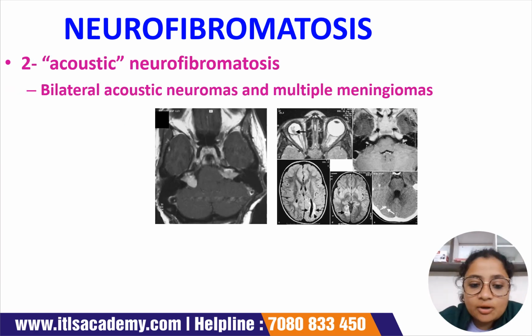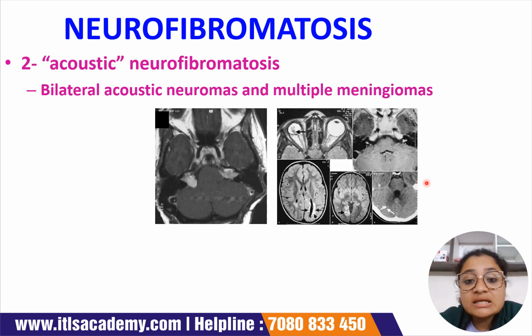Talking about type 2 neurofibromatosis, it's acoustic neurofibromatosis. There will be bilateral acoustic neuromas. This is a typical diagram of the cross section of the spinal cord and the brain. And there will be multiple meningiomas. Now, what are meningiomas? The word comes from meninges, which is the outer protective covering of the brain and the spinal cord, basically the protective covering of the CNS.